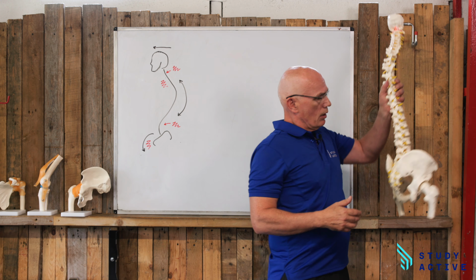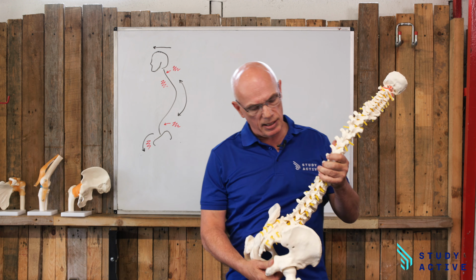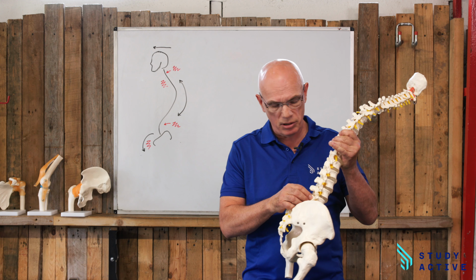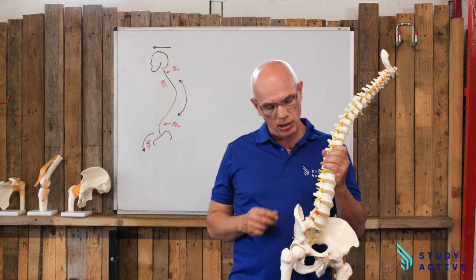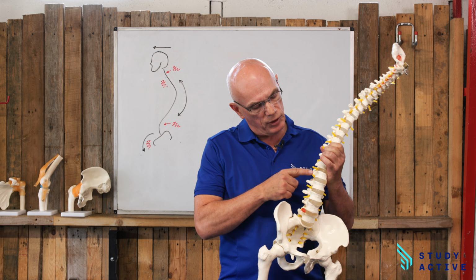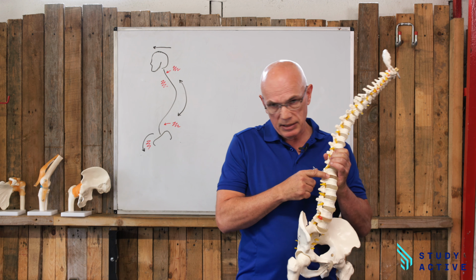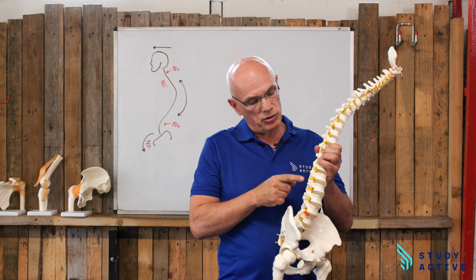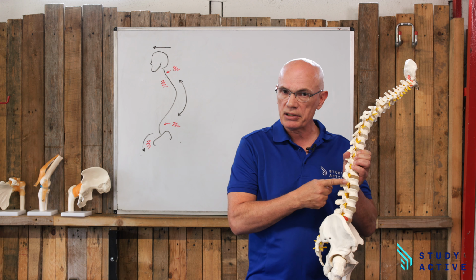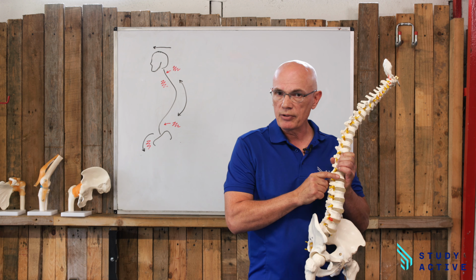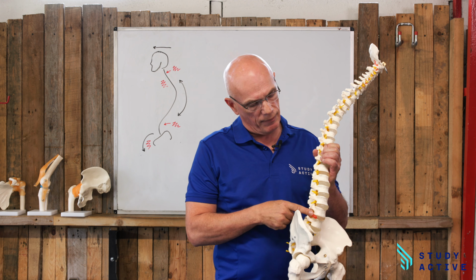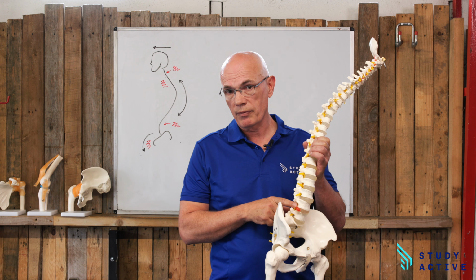If I get my model, we can see here our lumbar vertebra, and really importantly, the psoas muscle comes off the vertebral bodies, the discs, and the transverse processes, these little bits that stick out to the side, I believe from T12 to L5. So it's covering all the lumbar vertebra.